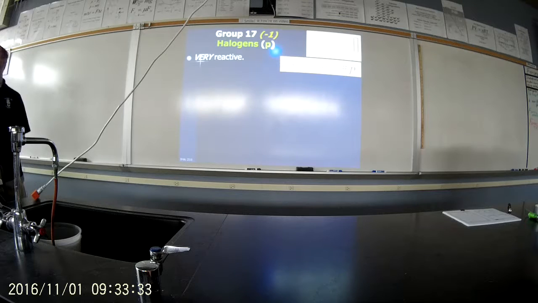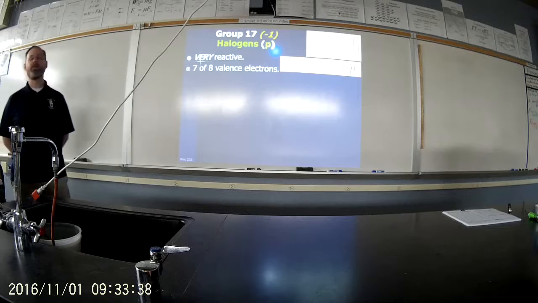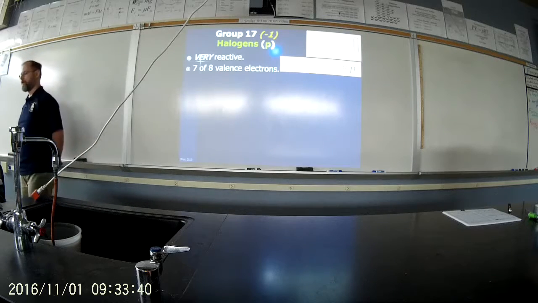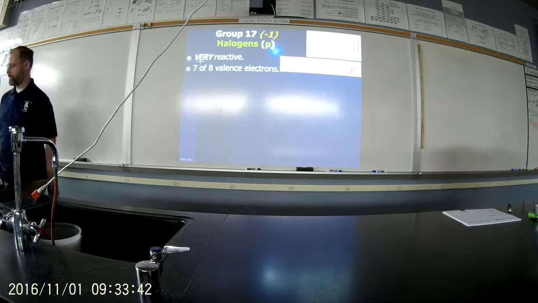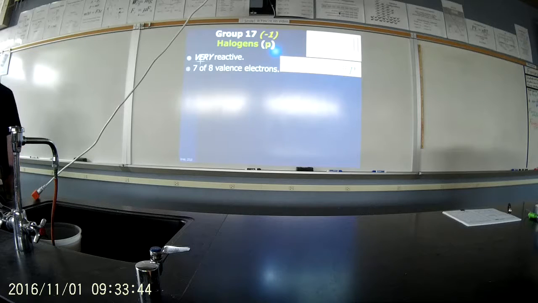Halogen means salt former. This is kind of cool. They're very reactive because they have 7 of 8 valence electrons. They're so close, but yet so far.